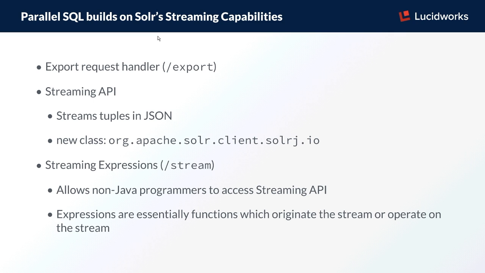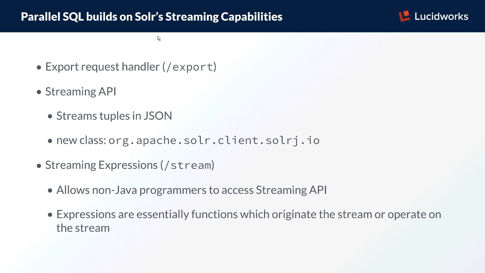Building on that is the streaming API, which has a new class, solrj.io, and it is able to stream JSON tuples from Solr out, and adds the ability to perform functions on the data, such as groupings, merges, joins, statistical aggregations, and we'll look at a list of that in a little bit.